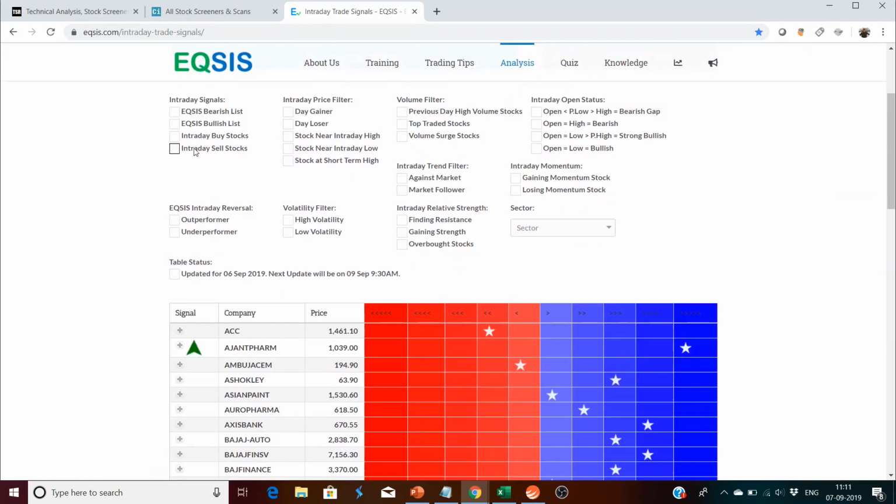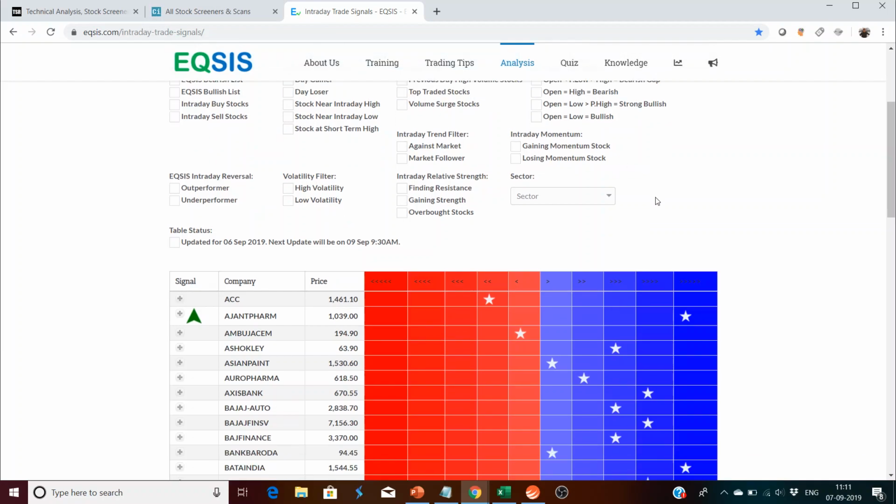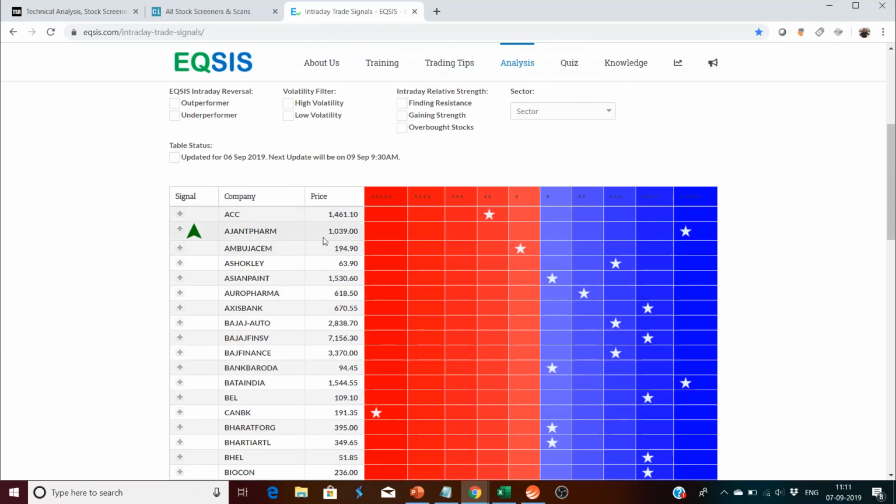You can choose bearish list, day gainer, day loser, stock near intraday high, against market, open high, open low, bearish. This is how it shows, and this is a bullish sign. This stock is bullish and it's already reached the maximum potential. You have to always find stocks which are here or here so that you can still hit your target. And even if this is a short, the target is still here.